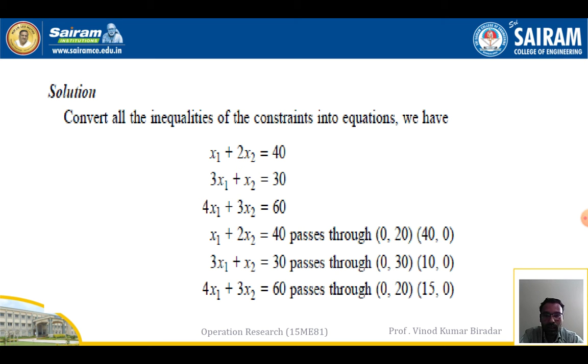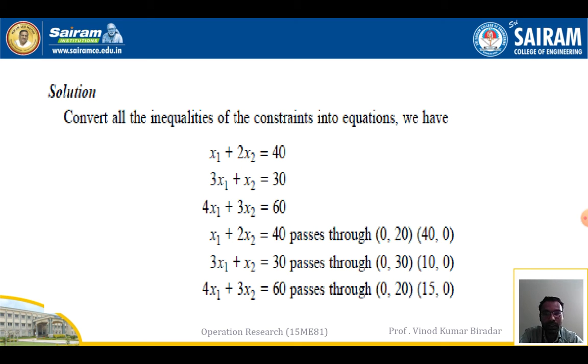Now do a similar procedure for the second equation, 3x1 plus x2 is equal to 30. In the second equation, put x1 is equal to 0, you get x2 is equal to 30. Again, when x2 is equal to 0, you get x1 is equal to 10. So the second equation 3x1 plus x2 is equal to 30 passes through the points 0 comma 30 and 10 comma 0.